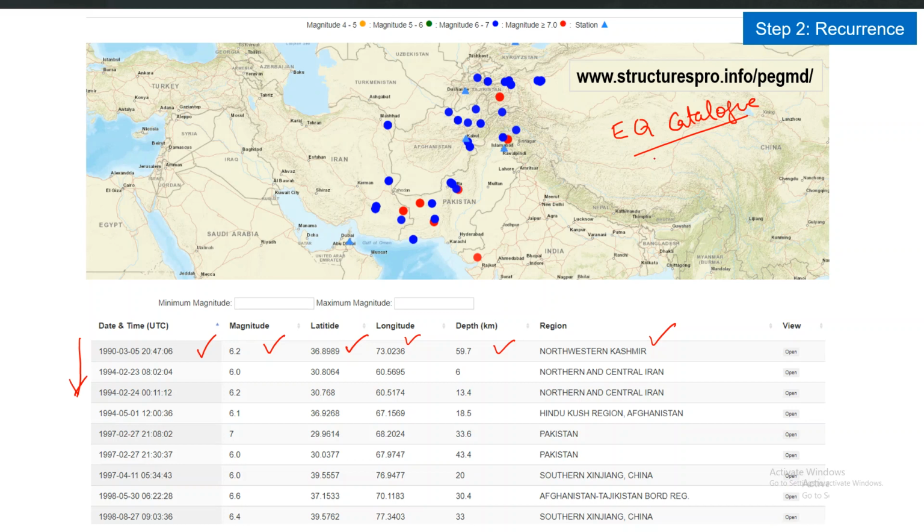You have to make sure that this catalog is accurate, reliable, and there is no duplication, because different international databases will record a particular seismic event, and when you take data from them and combine, you have to make sure there is no duplication.